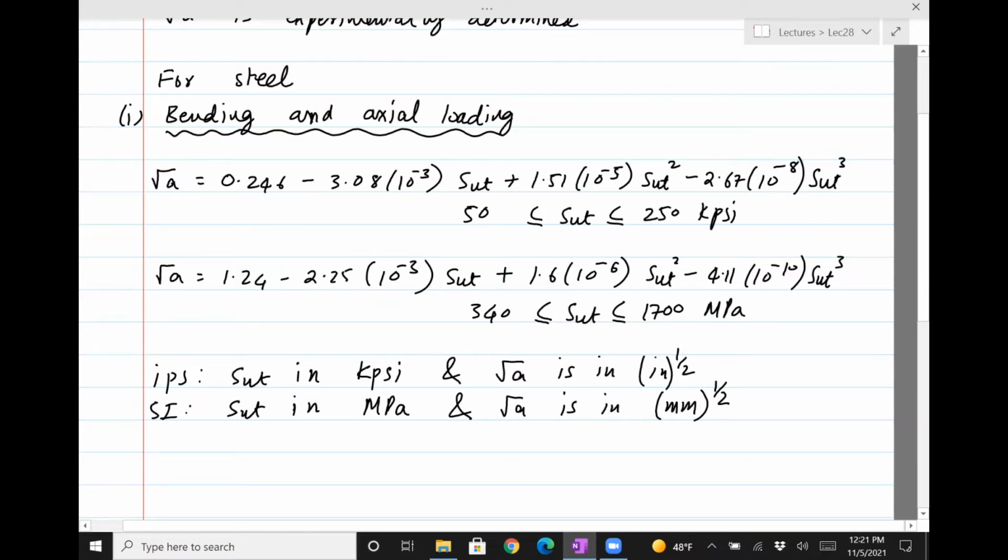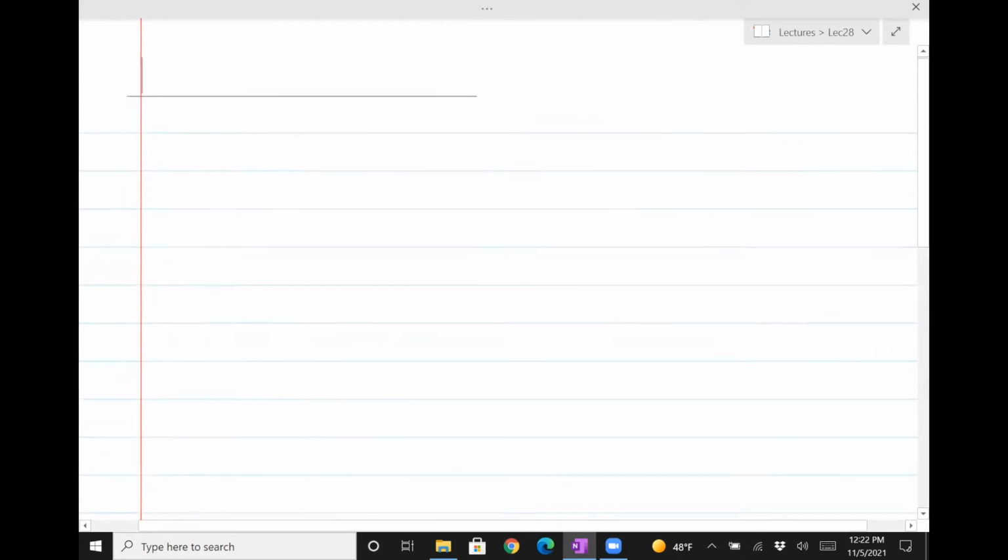Okay, so we're not done yet. We still need to do torsion. That was for steel in bending or axial loading. So here is torsion. Again, long expressions.